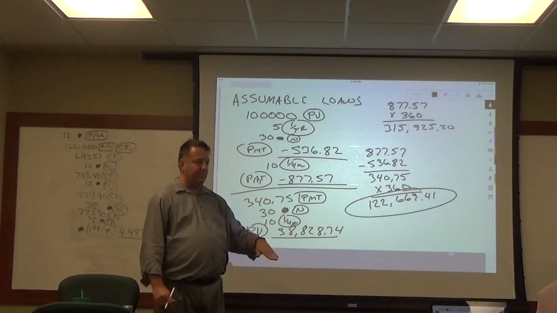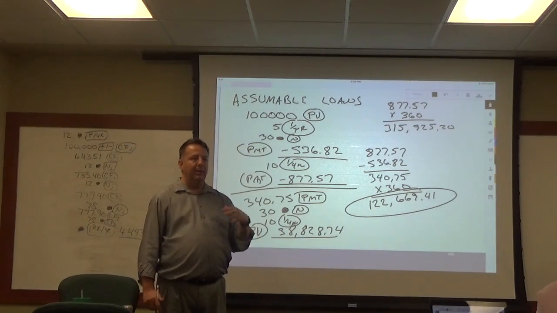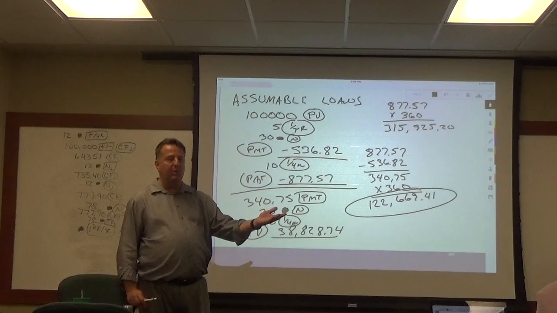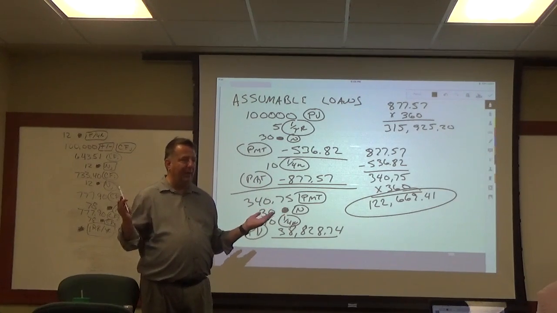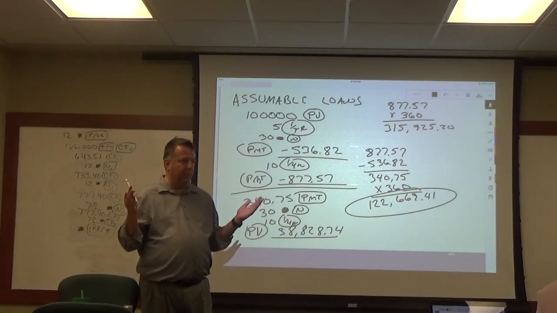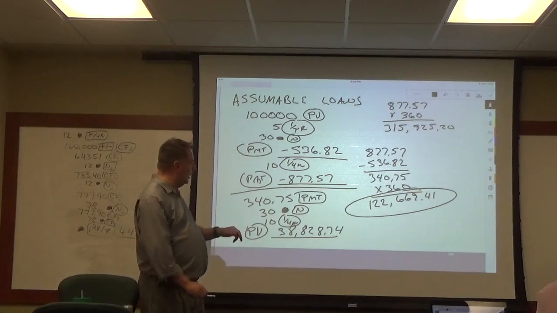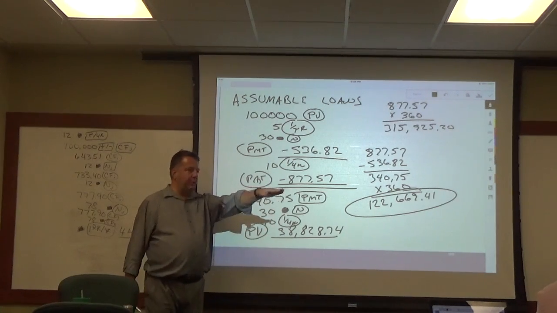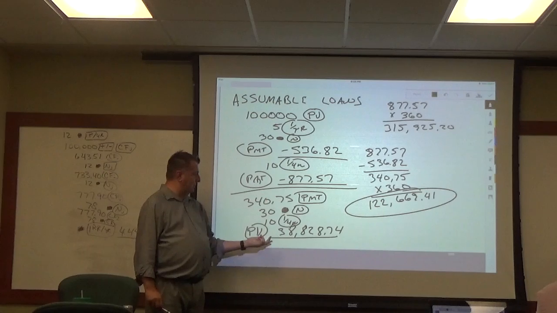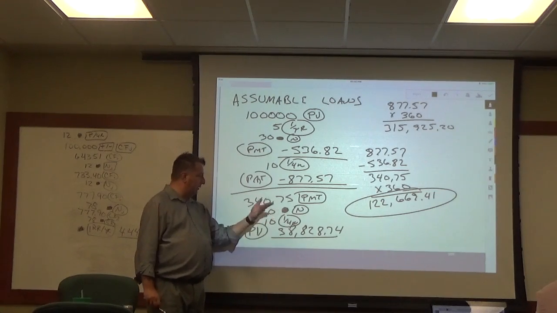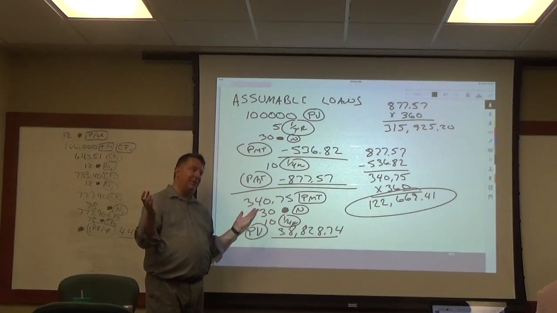So chances are that's the most you would want to come out of pocket at this time, because if you spend any more than that, it doesn't make economic sense. Okay, does that make sense? So now you guys have to negotiate. You might say, I'm not going to pay you 38 grand, even though it's really worth 38 grand to you.